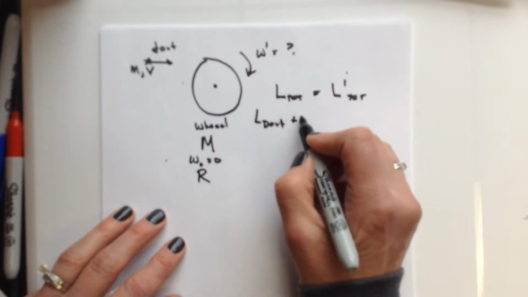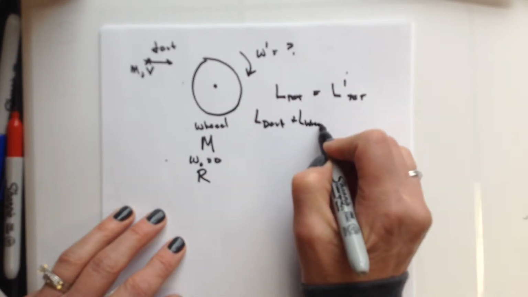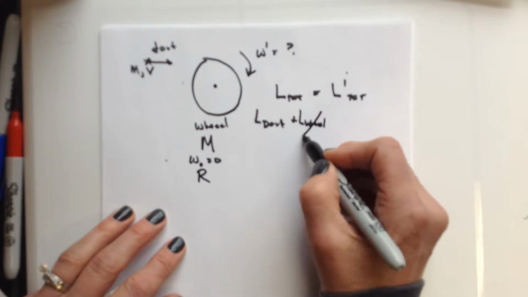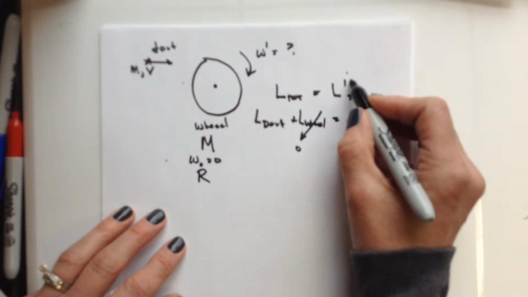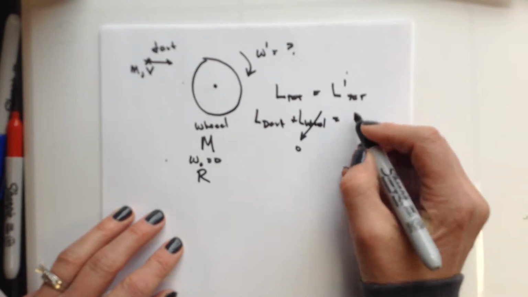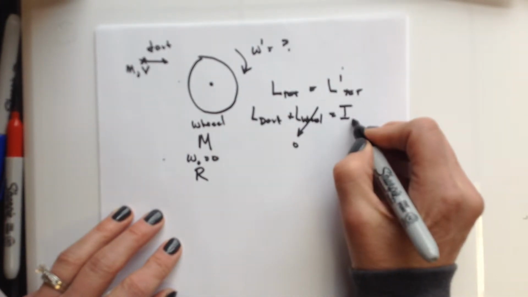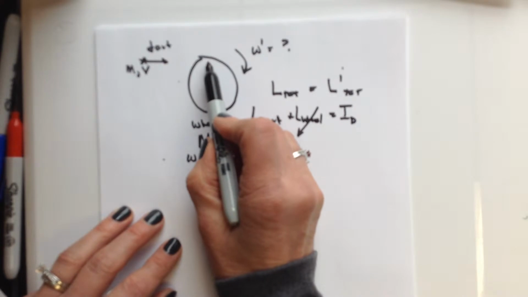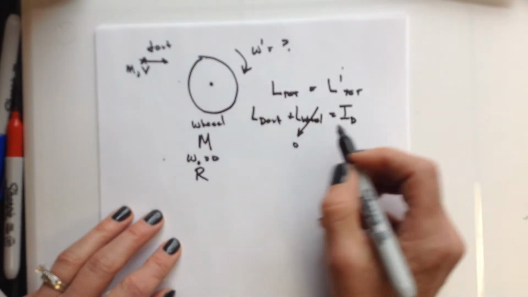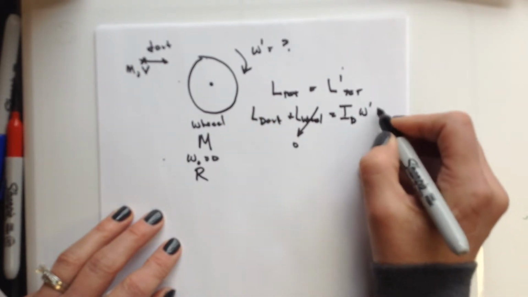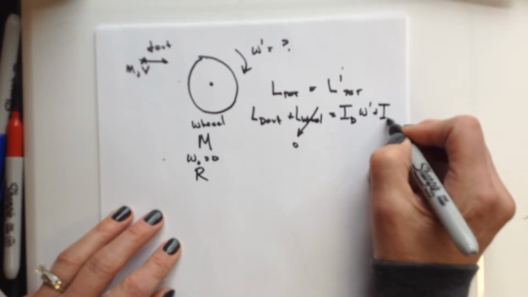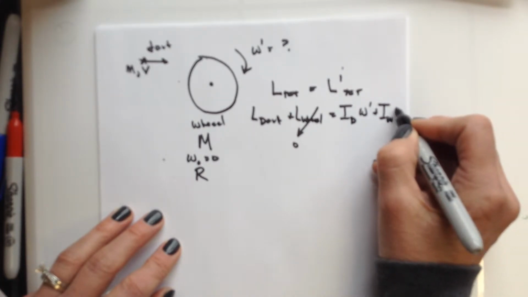Plus the angular momentum of the wheel, but that's going to be equal to 0 because it's not rotating, so that's just going to go to 0. Our total angular momentum afterwards is going to be just the sum of the two pieces. So you have the rotational inertia of the dart, which is now acting as a particle on the very edge of the wheel, times that final angular velocity, plus the rotational inertia of the wheel, which is now rotating, times its final angular velocity.